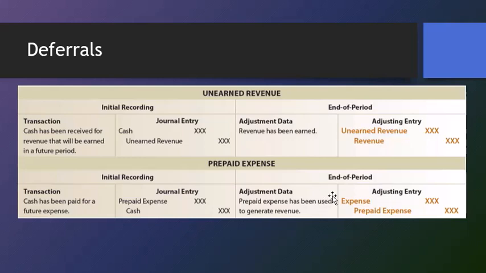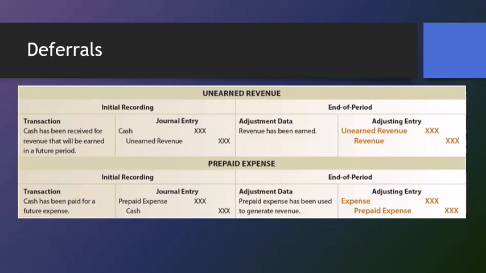So we are going to move $100 out of the prepaid expense account, that is out of the asset account, and into the expense account. This is the regular expense account that hits the income statement and affects our profitability, our net income for the period. Okay, so those are the 4 types of adjusting entries.